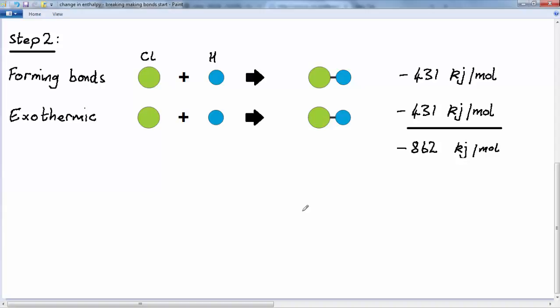So what we've got to do now to find the enthalpy change produced during this reaction is we subtract the energy released when the hydrogen chloride bond is formed from the energy required to break the hydrogen and chlorine bonds in step 1.